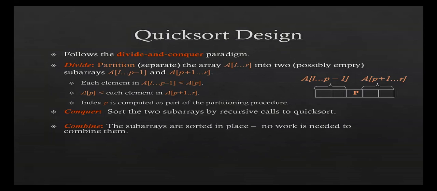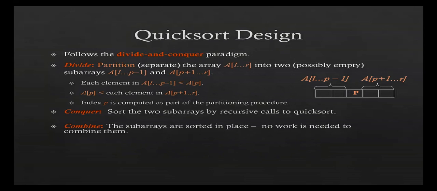So what does divide actually do, right? Divide partitions the array into two sub-arrays. For example, we have an array A. The index starts from left to right. Left means the leftmost, the zero index, and right means the rightmost.